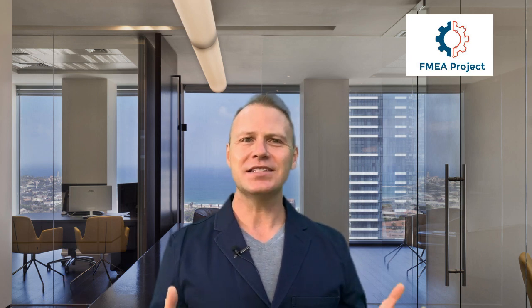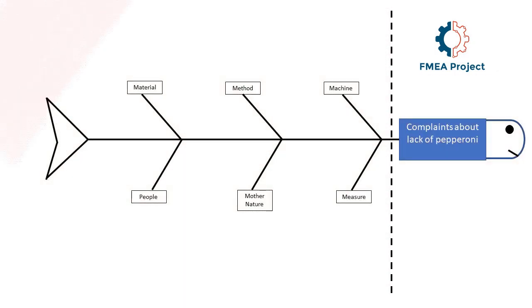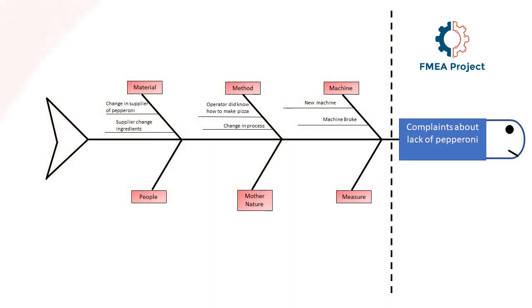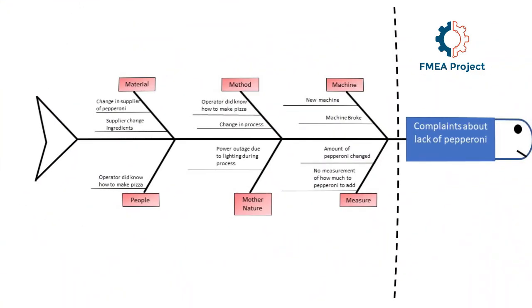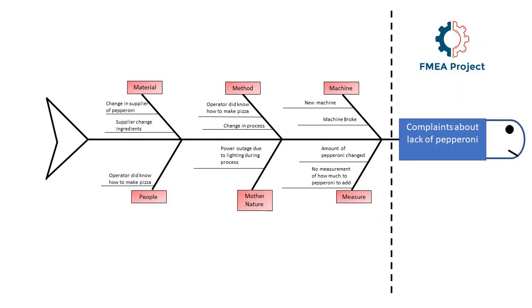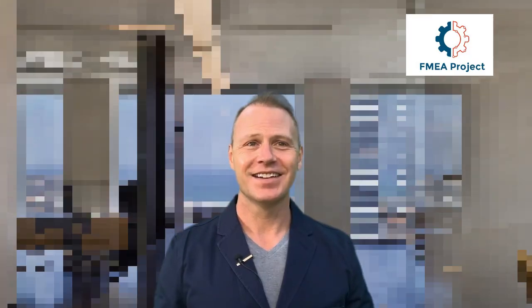For an FME project, the team can also ask why these are causes, or save this information for the optimization and project execution stage if they're valuable, where the team may want to determine what the root cause is. This has been a look at the fishbone diagram from FME project.